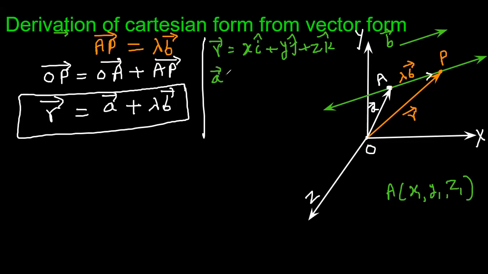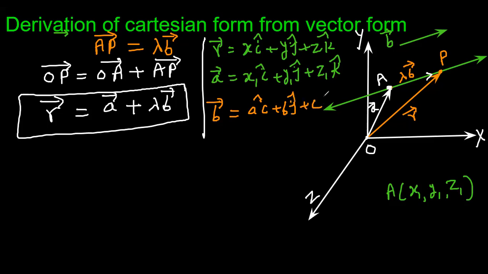That means vector A is going to be x1 i cap plus y1 j cap plus z1 k cap. Is that fine? Now, you have r, you have A. Also, you would be given this vector B. Vector B, let's say, is a i cap plus b j cap plus c k cap.